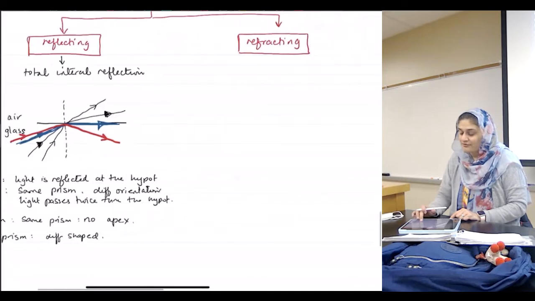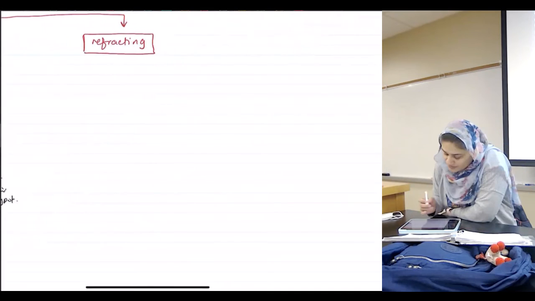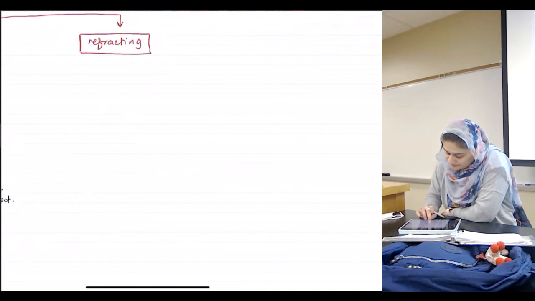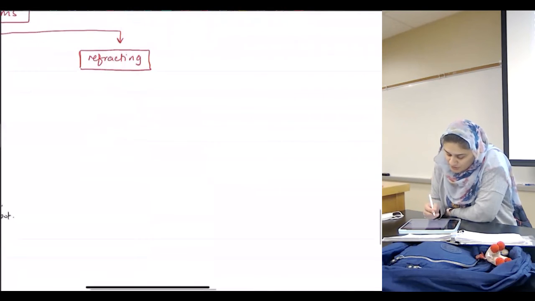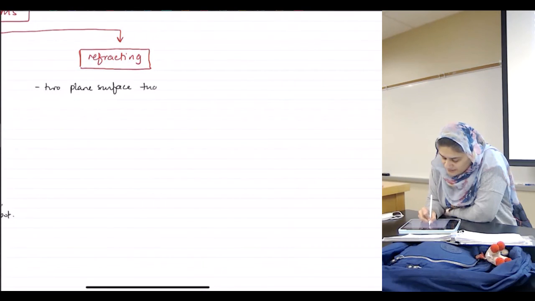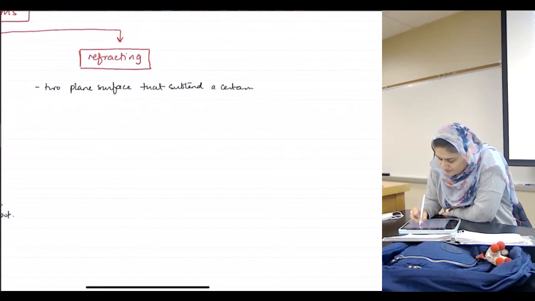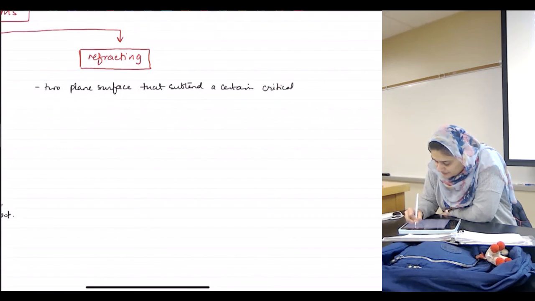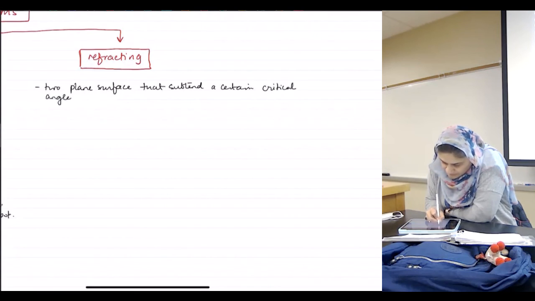Now let's talk about refracting prisms. So a refractive prism has two plane surfaces that subtend a certain angle A, which is also called the apex angle.